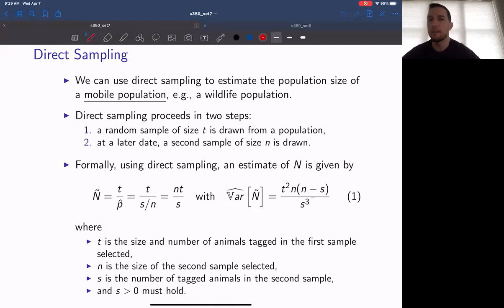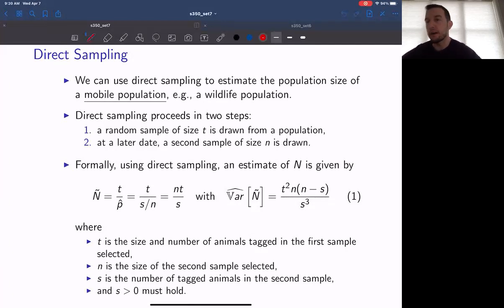What I mean there is, on the first step, suppose you draw the T observations from the population of interest. You tag those T observations and they're put back into the population. When you draw the second sample, you count the number of tags that you have recovered from the first sample. So little s is the count of the number of animals in the second sample that were tagged in the original sample.